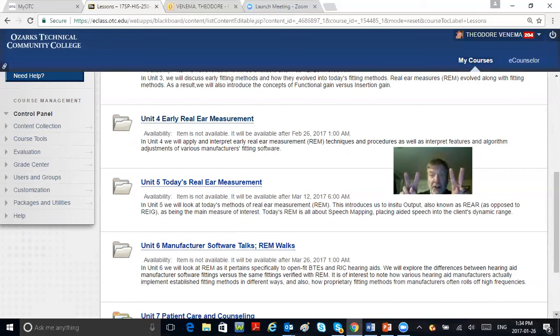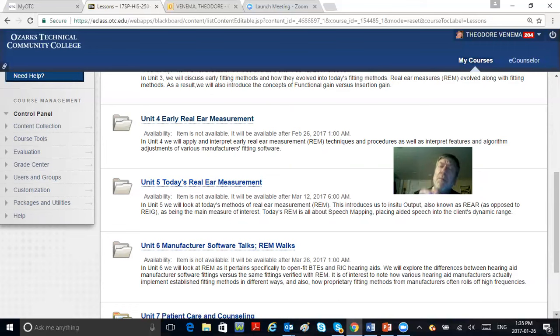Are you hitting the target of the fitting method? Because when you're doing real ear, you're choosing a fitting method right away. And is your hearing aid giving you the proper output? Are you hitting the target properly? And the software will usually paint a beautiful rosy picture saying, oh yeah, for sure. But actually not quite true, okay? You're not really there.